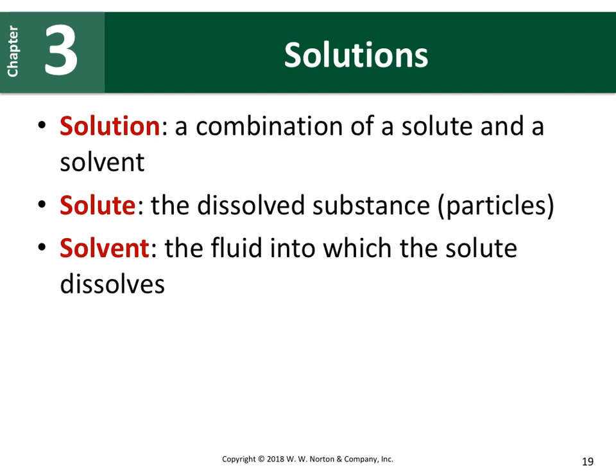Usually there's a solute, in this case some molecule or element, and then the solvent. It turns out that water is a universal solvent. You can have other kinds of solvents too. And this is where you get a lot of hydrogen bonds.